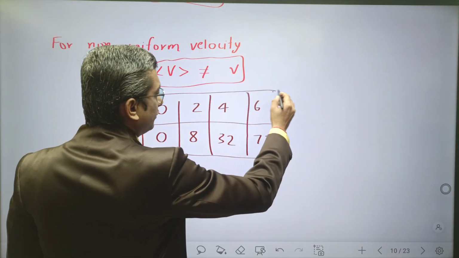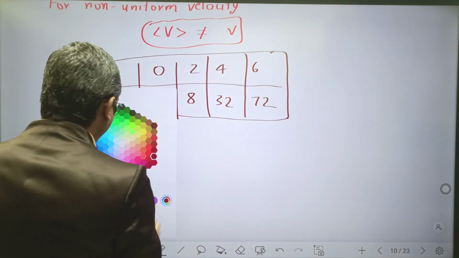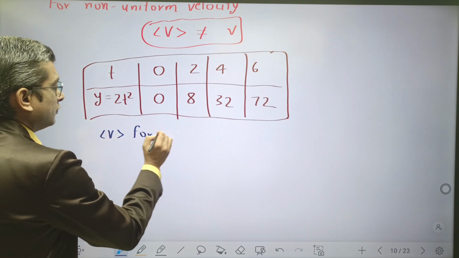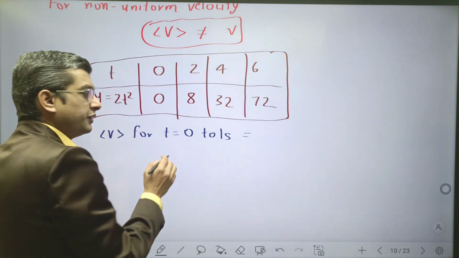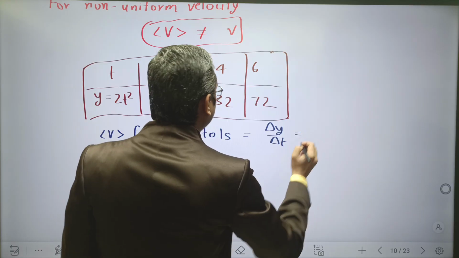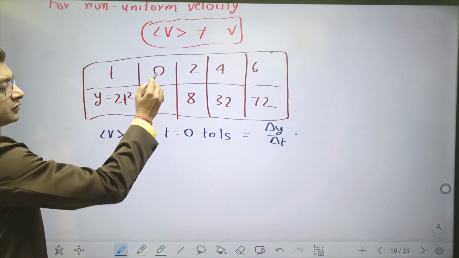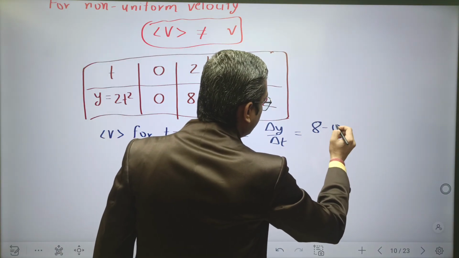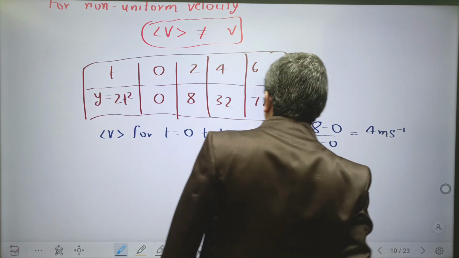Now you can observe the average velocity for time 0 to 2 seconds. It is given by the average rate of change in position, that is delta y by delta t. Observe carefully: at time t equal to 0, the position is 0, and at time t equal to 2 seconds, the position is 8 meters. So this is 8 minus 0 by 2 minus 0, that is 4 meter per second.